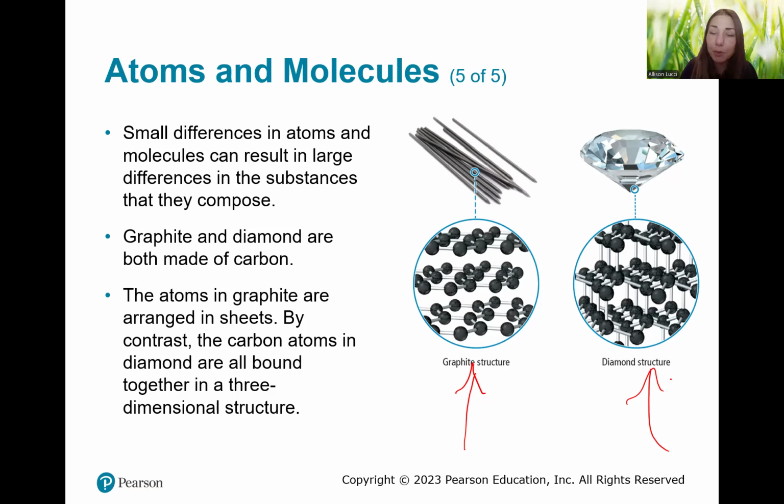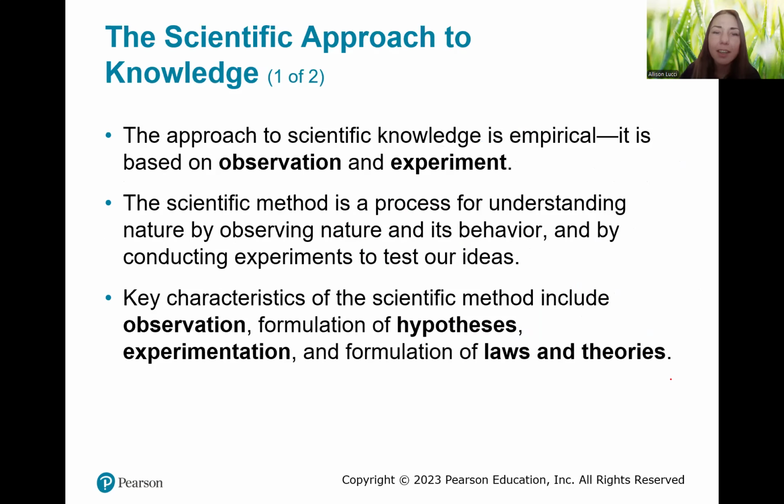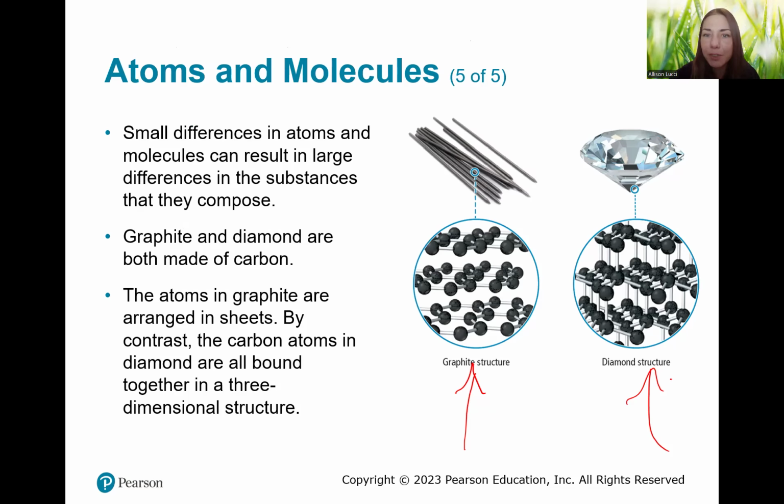The graphite slips apart, whereas diamond is one of the strongest naturally occurring materials. So depending not only on the atoms and the way that they are connected to one another, the way that they're connected can also dictate some physical properties.